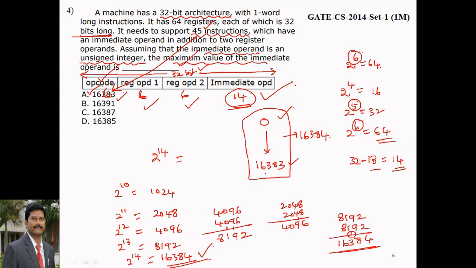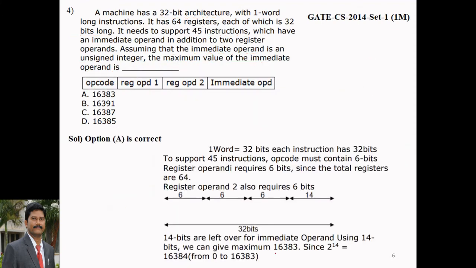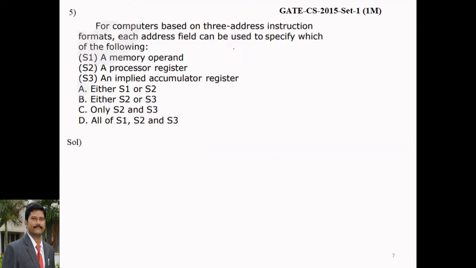So option A is correct. It is 6 bits, 6 bits, 6 bits and 14 bits for the immediate operand. This question was asked in GATE 2015 for 1 mark.